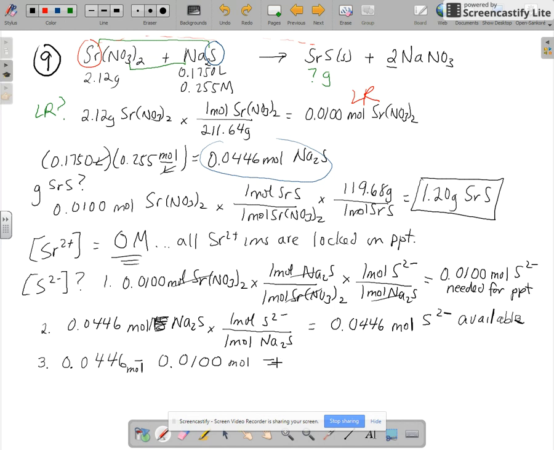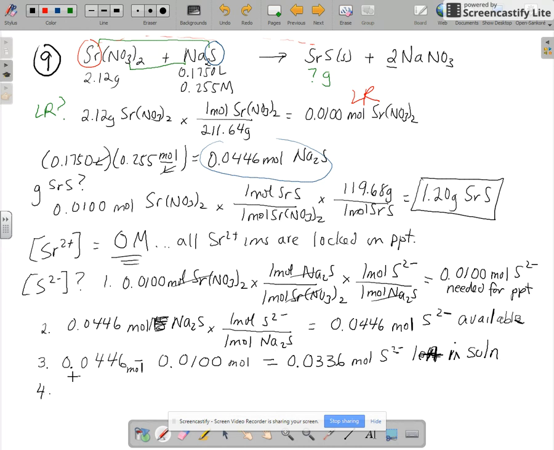So I subtract those, and it comes out to 0.0336 moles sulfide, that's a 2- charge, that's left in solution. I'm so sorry. So that's step 3.